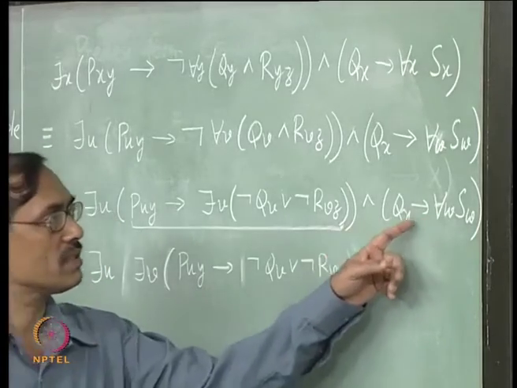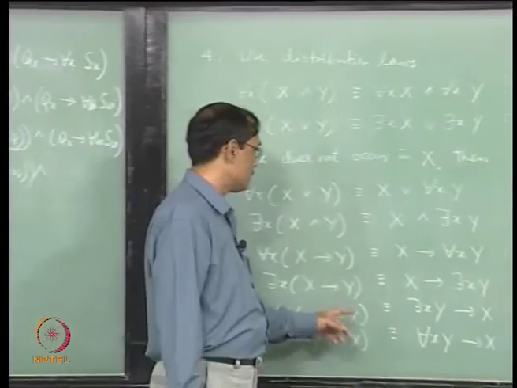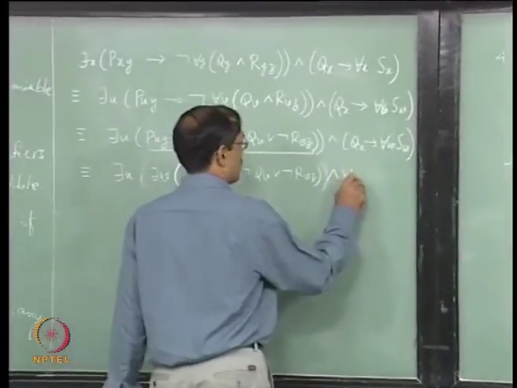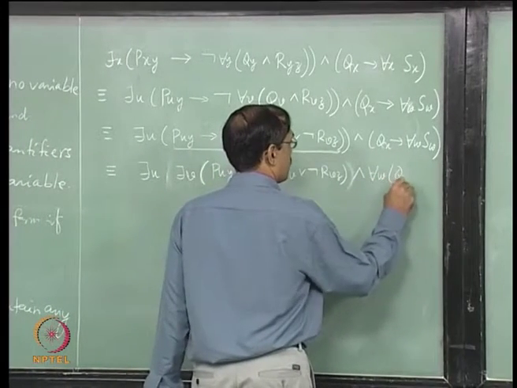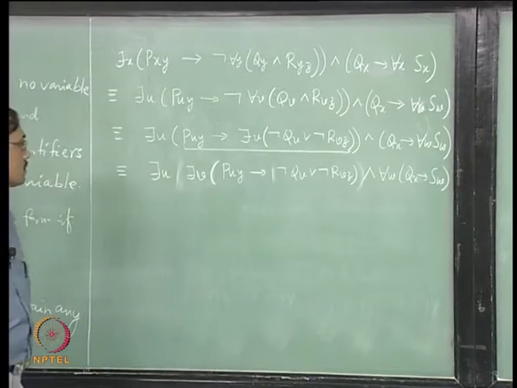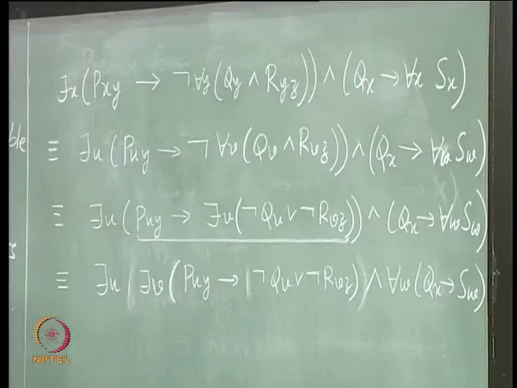It is in the form x implies ∀, like this. So, that will be ∀w, q x implies s w. Okay.